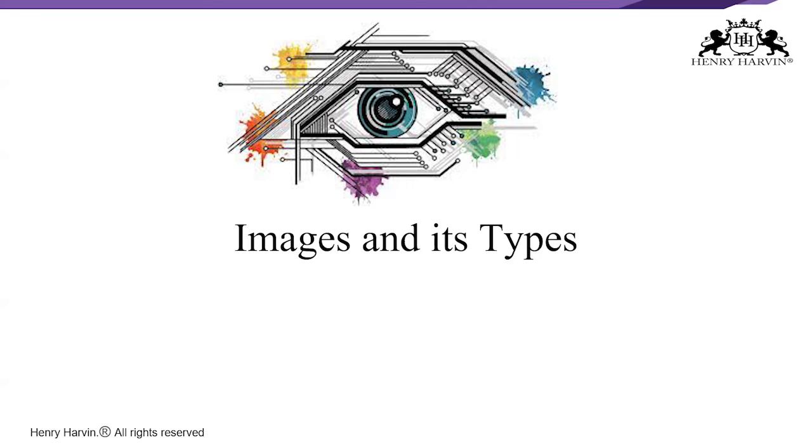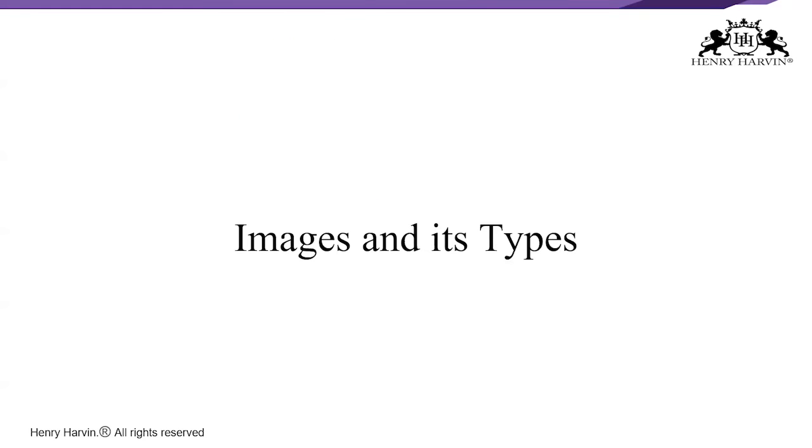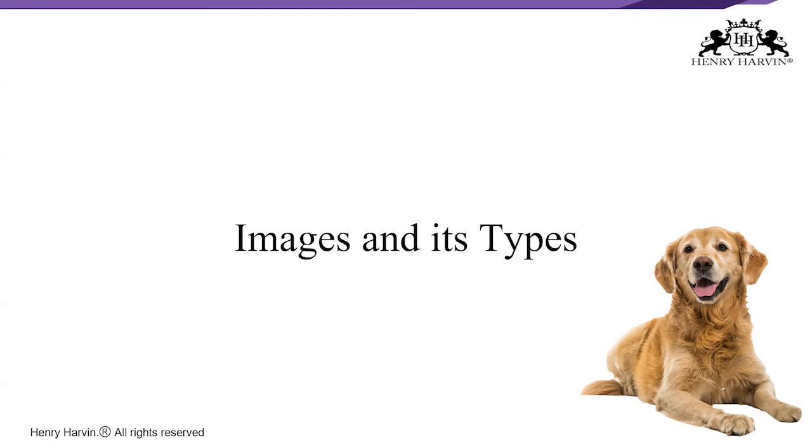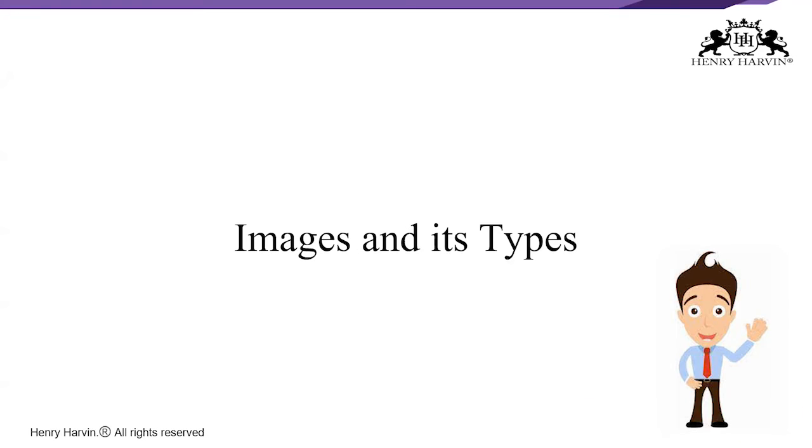Say for example, you are looking at an image. When we look at an image, what do we see? Whether there is a cat or a dog or a human, what the dog is doing, what the human is doing, this is what we try to interpret from the image. Am I right?